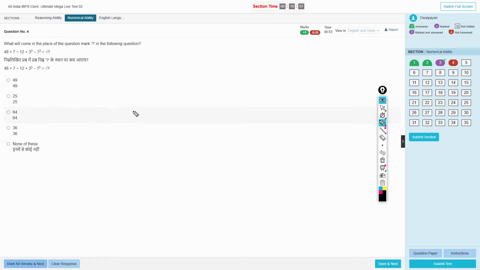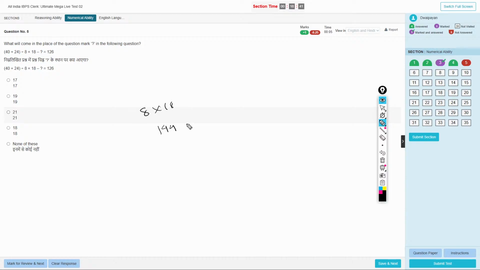Okay, so this is going to be 4 into 7, 28 plus 9 minus 49 is under root of what? Okay, 3 cube, right? So 27. 27 minus 21. So 6, 36. 64 by 8 is 8 into 18.